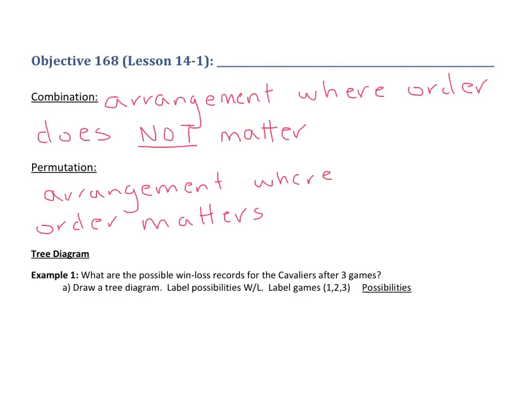To give you an example, combinations and permutations are a way we figure out how many different possibilities something can have. An example of a combination would be, let's say that you have a blue shirt, a brown shirt, and a white shirt, and let's say you have black pants and brown pants.